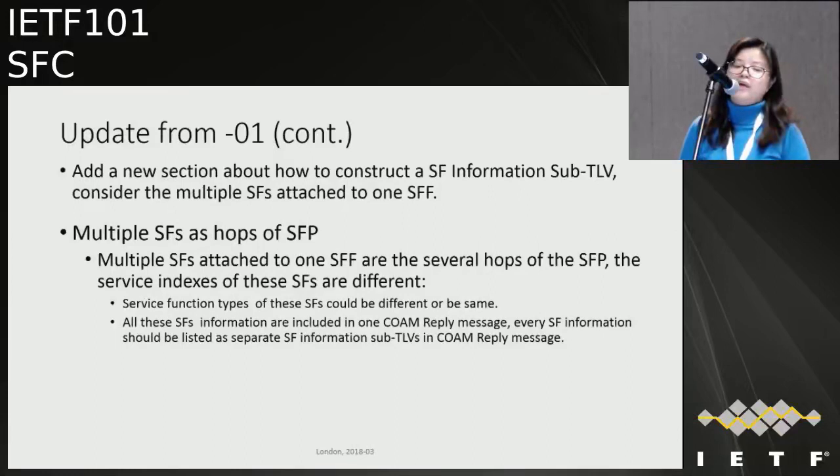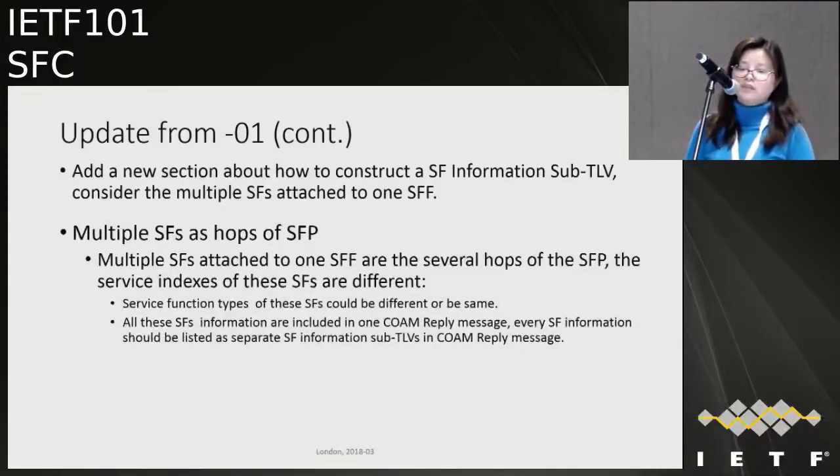There are two scenarios in this situation. One is multiple service functions as hops of the SFP. That means these multiple service functions attached to one SFF are several hops of this SFP, and so the service indexes of these SFs are different.